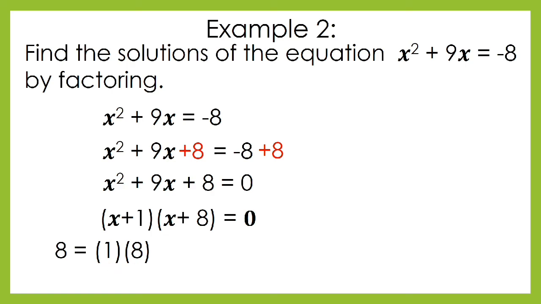Let us check. 1 times 8 equals 8. 1 plus 8 equals 9. So, the product of 1 and 8 is 8 yung last term. Ang sum ni 1 and 8 ay 9. So, yun yung B. Okay?